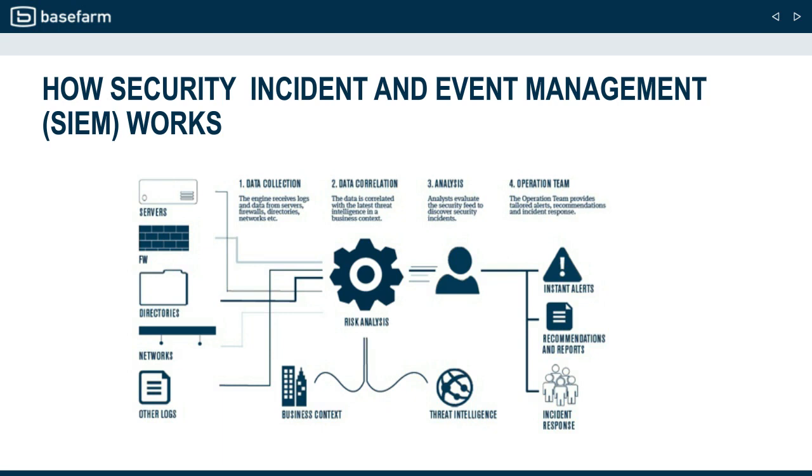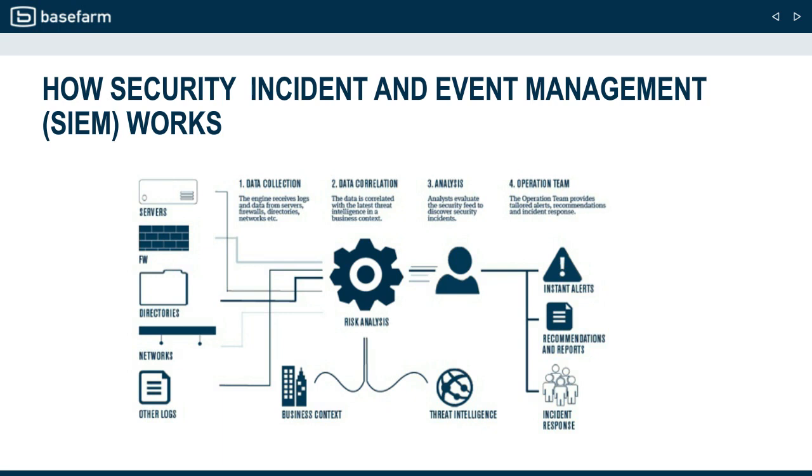These logs are then sent into a data correlation engine, which does risk analysis based on business context and threat intelligence that's being fed into it. In this case, business context could be what type of field you are working in, where your customers are located, and what type of activity your employees normally do.